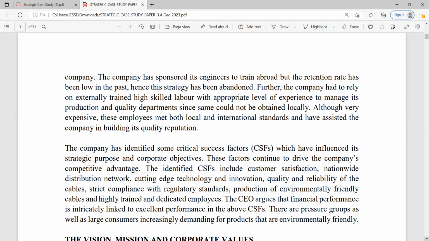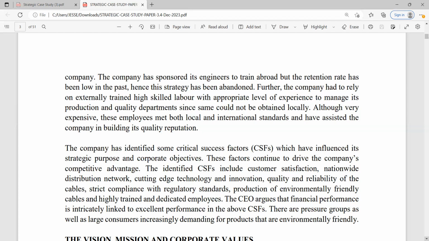Along those lines, you need to set targets for achieving those critical success factors. So, for example, when you pick quality of cables, which is a critical success factor, you set internal targets that will help you to hit that, right? To ensure the quality of cables, you need to ensure that where you are buying the raw materials for the cables from, the supplier is actually legit, so that they are not giving you any fake raw material. So you set targets along the lines of the critical success factor.